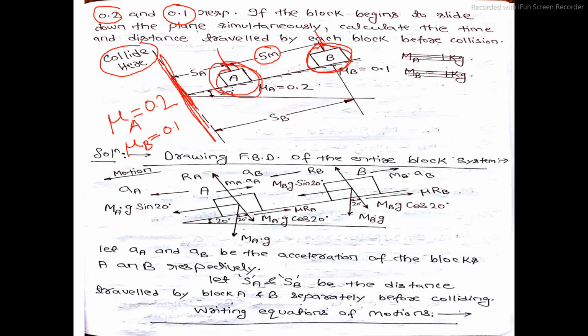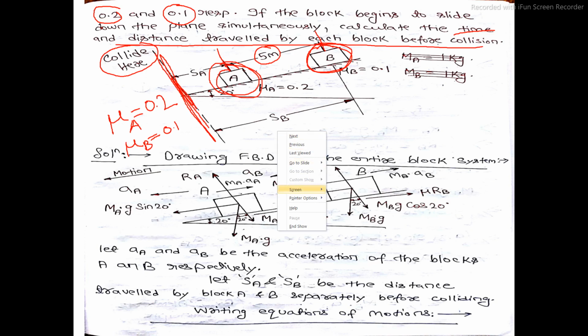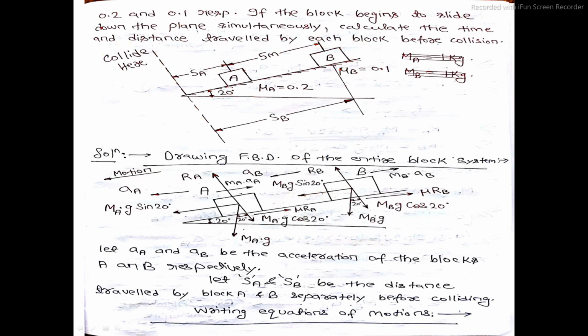What you need to find out is the time and distance travelled by each block before collision. Before collision, how much distance is travelled by block A and how much by block B. Suppose both blocks collide at this point.